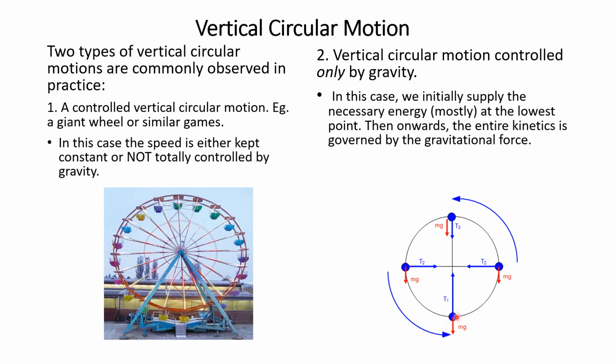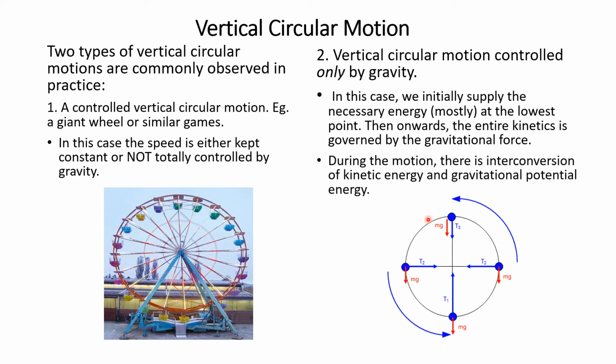When the object is moving from the bottommost point to the uppermost point, its kinetic energy decreases and potential energy increases. And when the object is moving from the uppermost position to the bottommost position, its potential energy decreases and kinetic energy increases. So we can say that during this motion there is an interconversion of kinetic energy and gravitational potential energy.